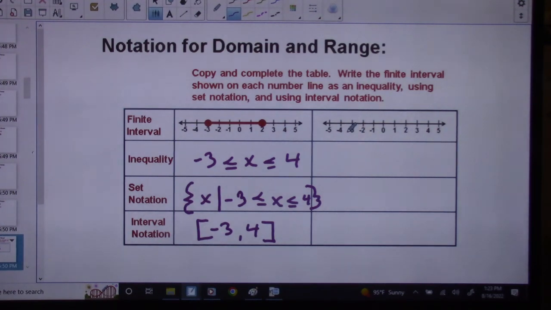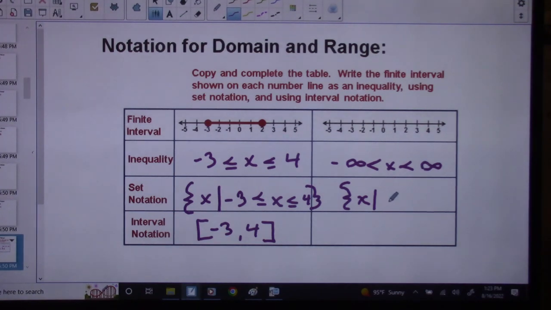Now here, on the right, you have an infinite interval. So in inequality notation, you write it like this. In set notation, you write it like this, x. You can write it different ways.